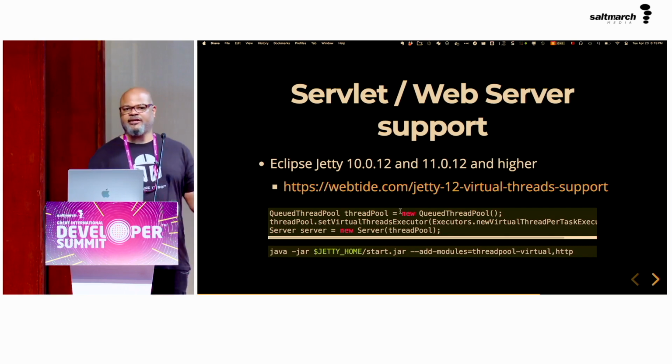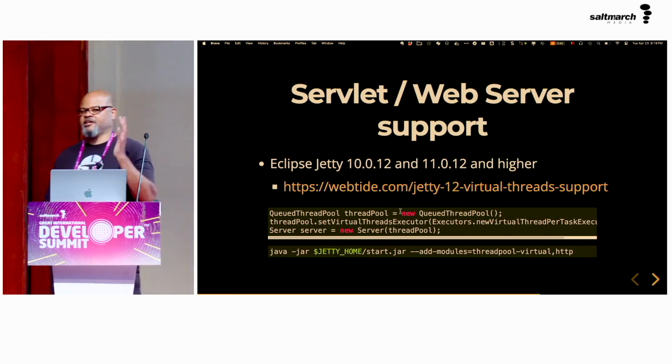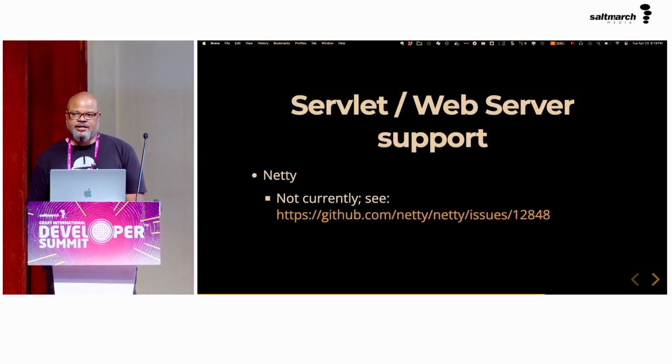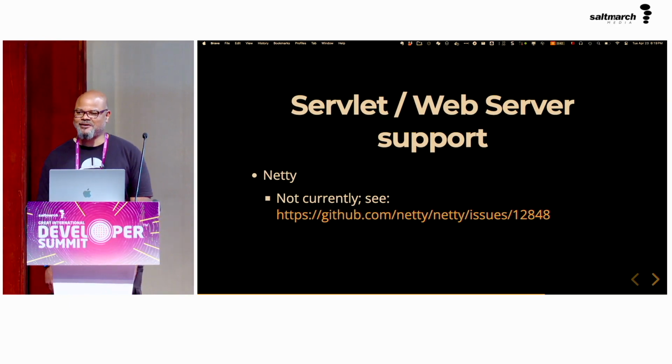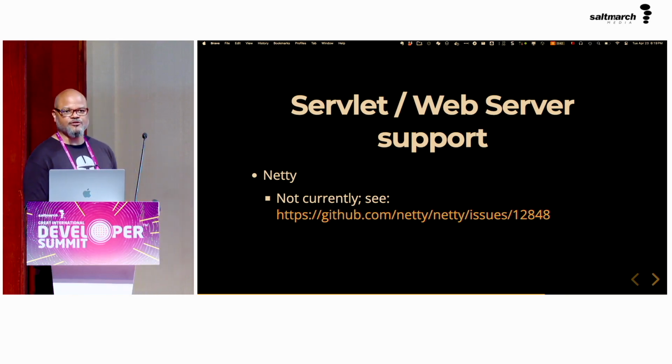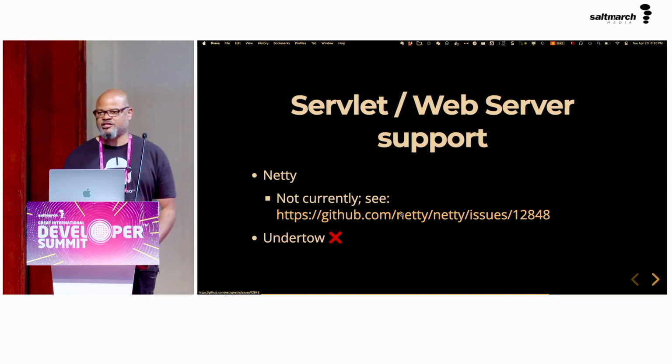And again, if you're using it embedded with Spring Boot or something, there's a different way to do it. Netty, of course, does not really support this stuff because it's not really logical for them to do so, to tell you the truth. There's, of course, a thread about doing it, and they are like, yeah, whatever. So Undertow, which is another server engine, I haven't seen anything about virtual threads for them.